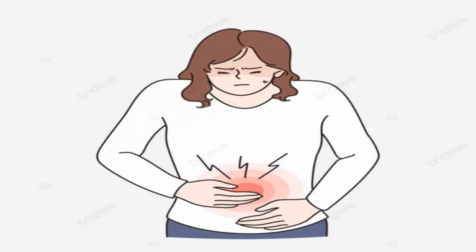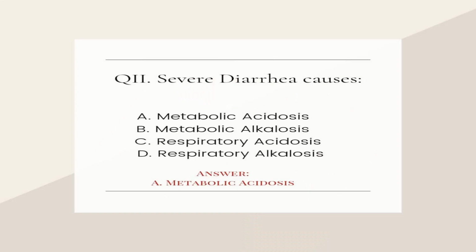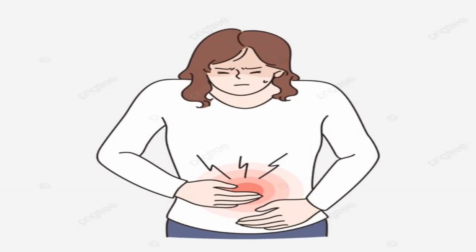The best option is A. Metabolic acidosis. Excessive loss of bicarbonate from diarrhea or drainage from a biliary, pancreatic, or intestinal fistula can lead to metabolic acidosis. How about you?